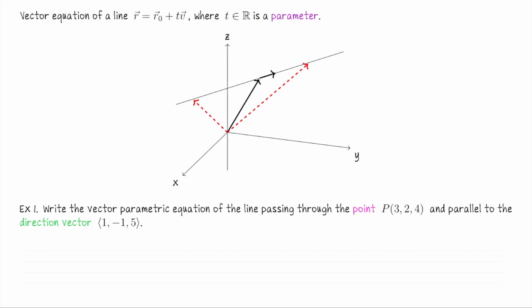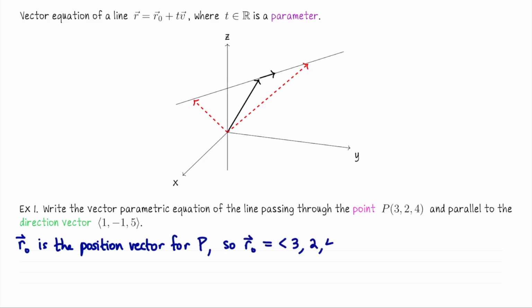Okay, we have our known point P. That means that r naught is the position vector for P. So the coordinates of r naught are just 3, 2, 4 written as a vector. The phrase parallel to the direction vector 1, -1, 5 is giving us our sense of direction.